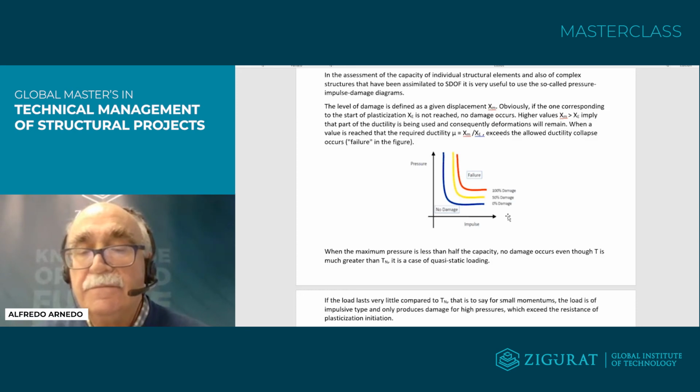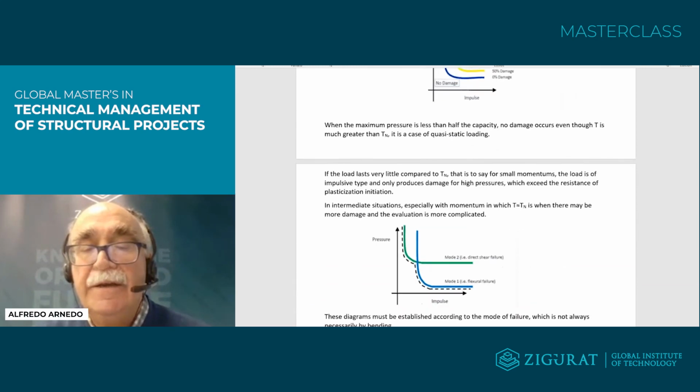They are not damaged at all. And this is the maximum, the 10%, is when we consume all the ductility allowable in the structure, and this is an intermediate situation.